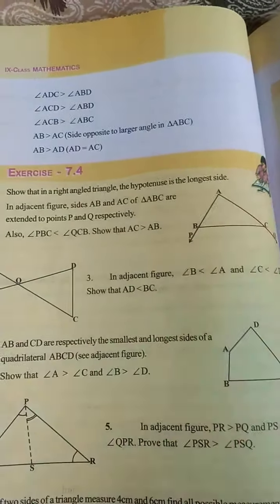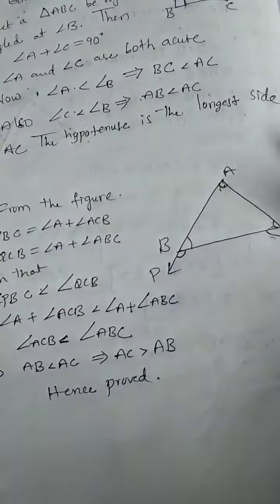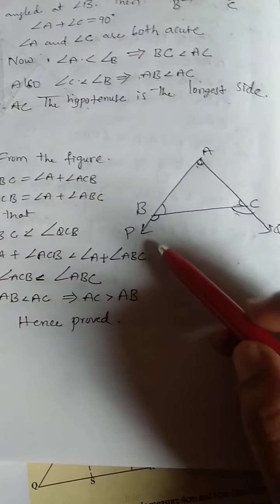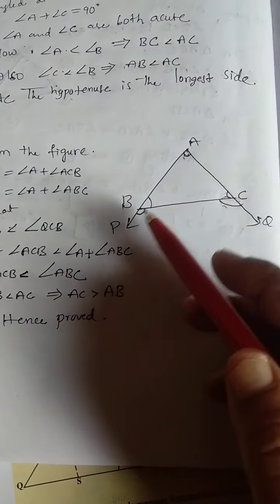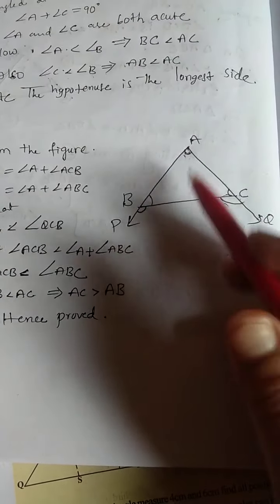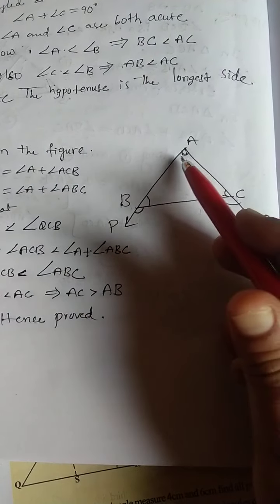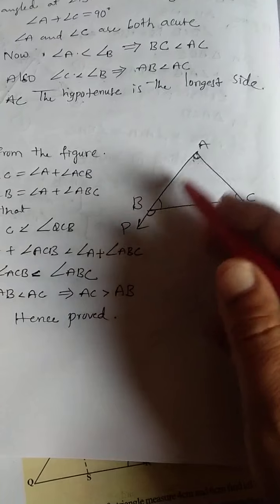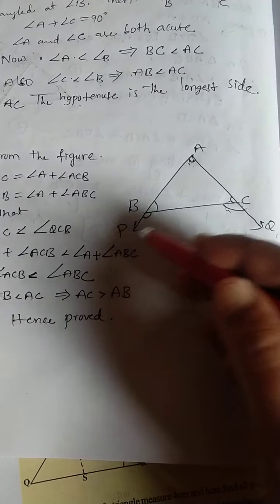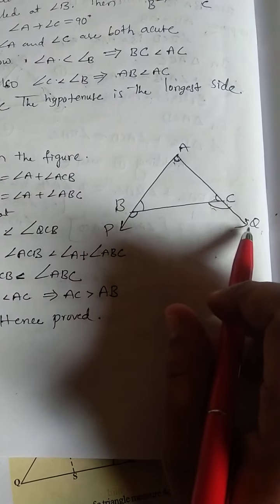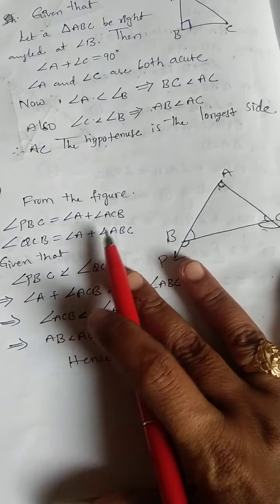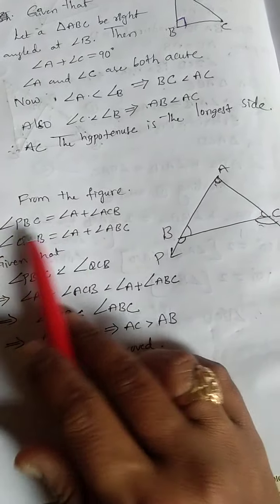Okay, how should we do it? Very simple. Here I took the figure, this triangle ABC, and AB and AC are produced to P and Q respectively. Produced in the sense we need to extend. The side AB is extended to P, side AC is also extended to Q. Now from the figure we need to write angle PBC.